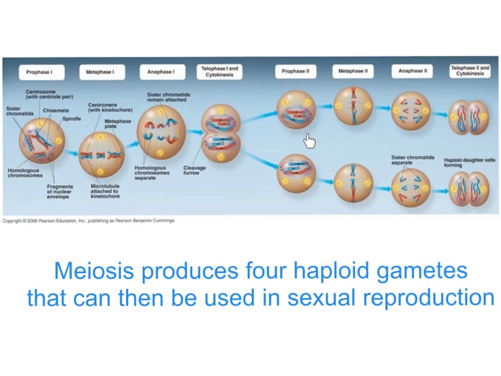And then meiosis II, very similar to mitosis, separating the sister chromatids. So in the end, you have 1, 2, 3, 4 cells, each have half the number of chromosomes. So meiosis produces 4 haploid gametes that can then be used in sexual reproduction.